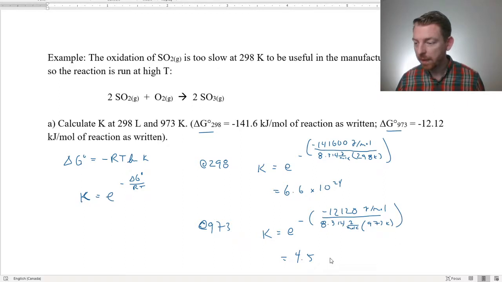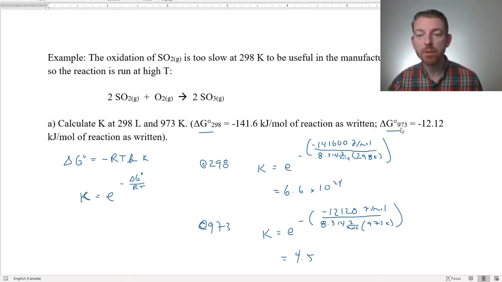Okay, so that actually takes us to the next question. What else can we see here? Okay, so we also have K values. Both of the delta G values are negative, so it's a spontaneous reaction in both cases, which of course is what you would want.